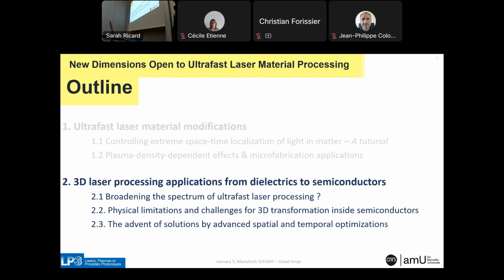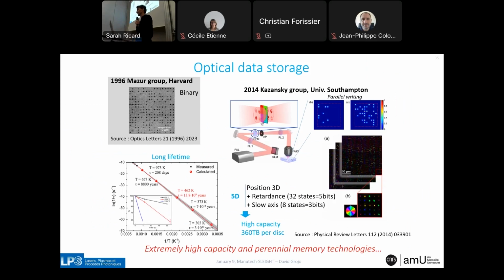Is it in your previous slide? I don't understand if the optical storage of data is a stack of different layers which are written by a laser, or if you can control the depth, because it is in 3D.